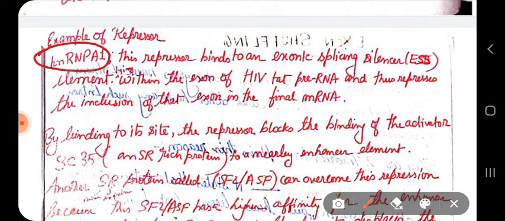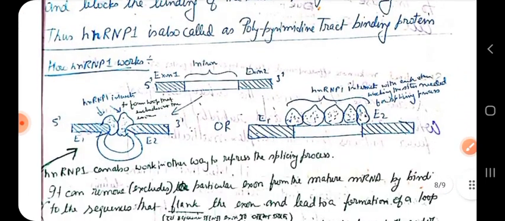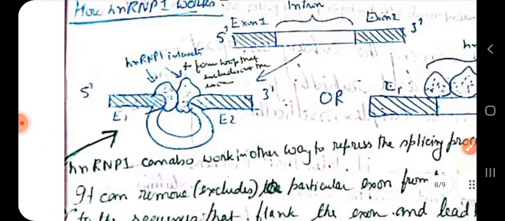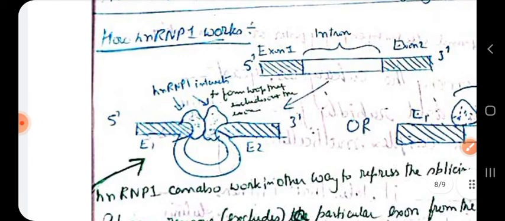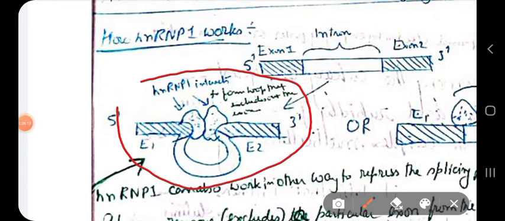So HNRNP1 works in two different ways. This is the first way. I will give you a good diagram in my notes. You will see them.